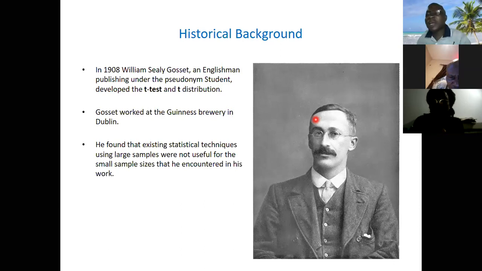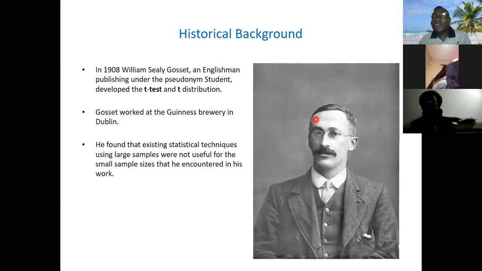But he discovered that when the sample size is very low, like below 30, even that particular data that normally follows normal distribution will not follow normal distribution. So the Z distribution will not be appropriate for sample size less than 30, smaller sample size.